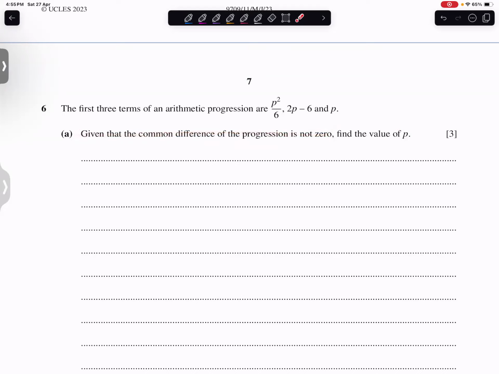Ahmed, if these terms are the terms of an arithmetic progression, what's special in that?